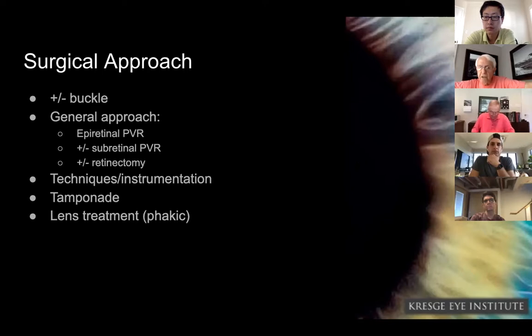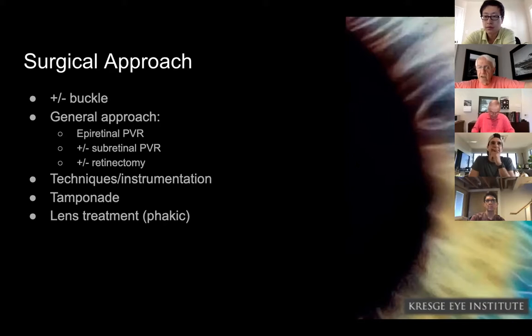I usually did not put in an IOL, because in PVR you'd end up with synechia of the iris to the residual lens capsule, and it often would create more problems. With PVR, especially with any severity of PVR, your goal is to save the eye.